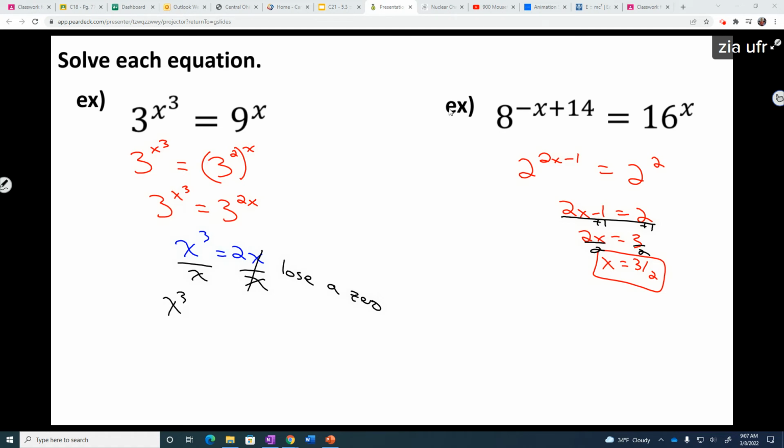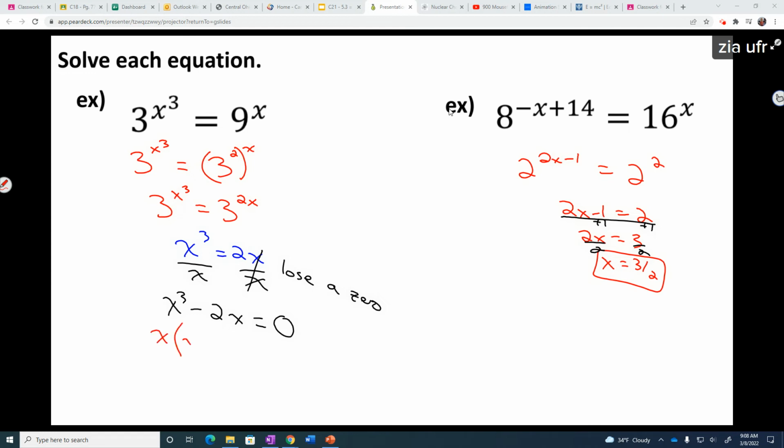What we're actually going to do is get all of our x's to one side. So we're going to subtract the 2x over, instead of equal to 0. And then what would we do from here? Think about factoring maybe. Yeah, you can pull an x out. See how these both have an x, greatest common factor, pull out the x.